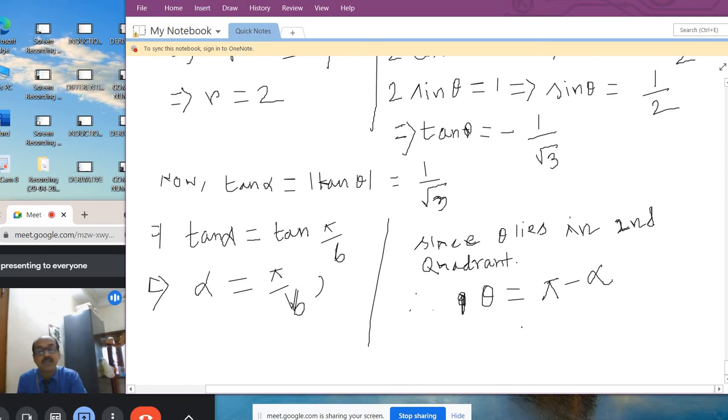Alpha is pi by 6, so pi minus pi by 6. So theta will be equal to 5 pi by 6.